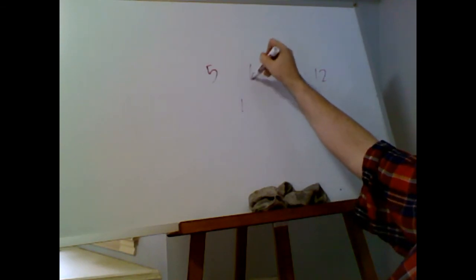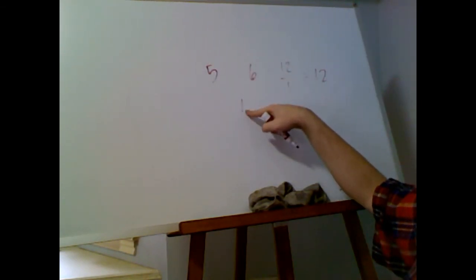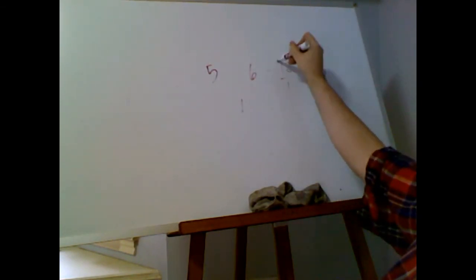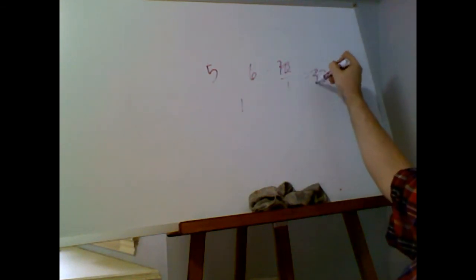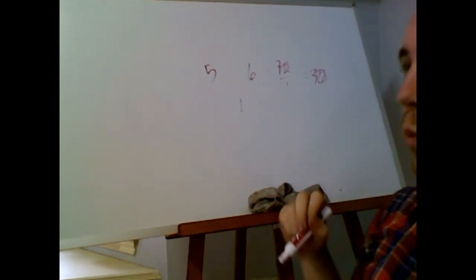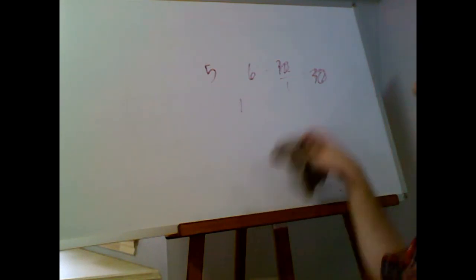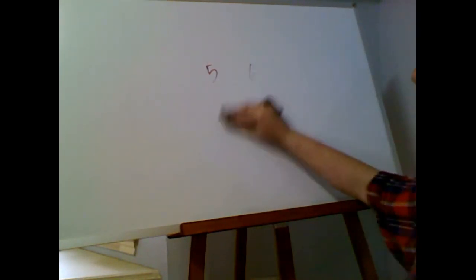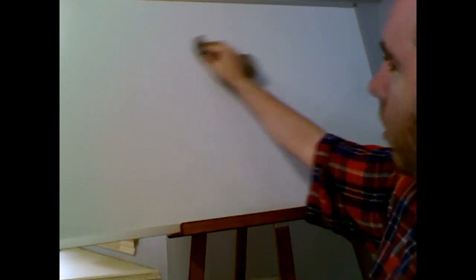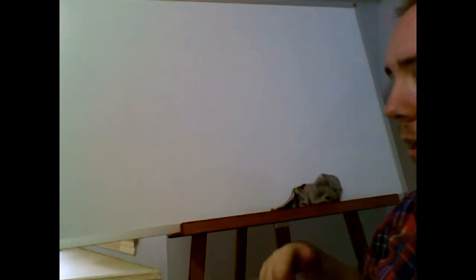This marker's dying on me. The only number that divides both of them is 1. And so 30 over 1 is still 30. So that trick always works, it's just not always useful. But if you can find a number like in the case of 9 and 12 or 8 and 12, where it divides both of them, then that will be helpful.